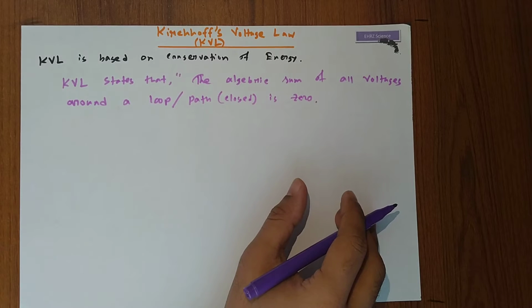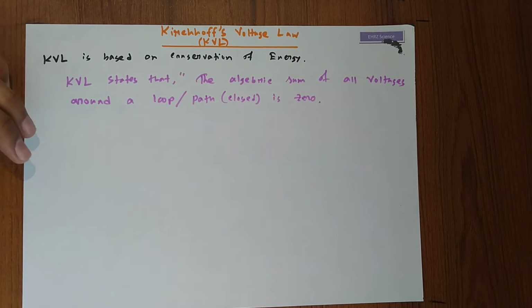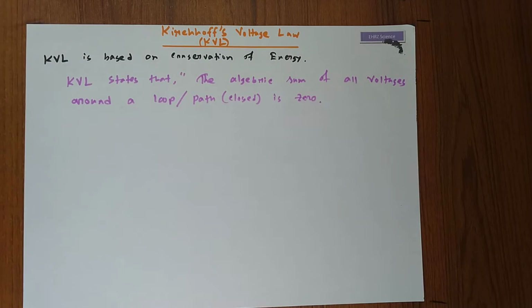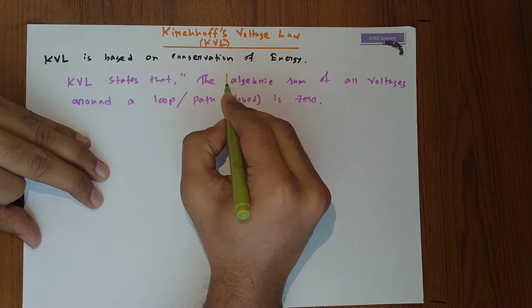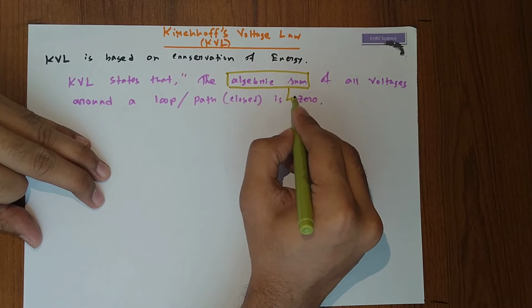I hope every one of you now understands what is meant by the algebraic sum. The algebraic sum is 0.